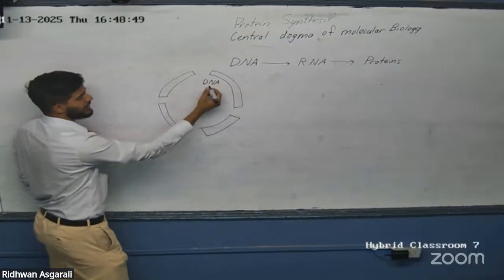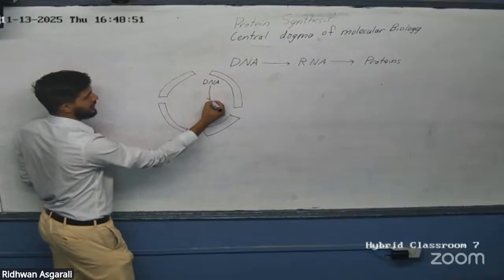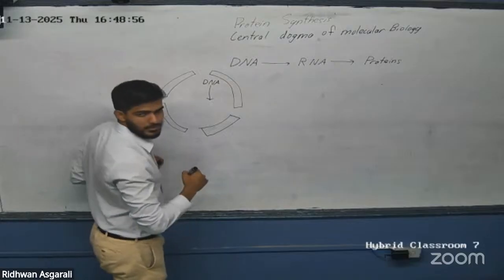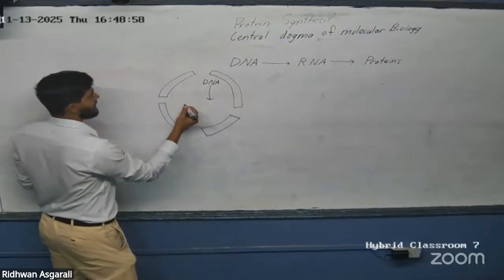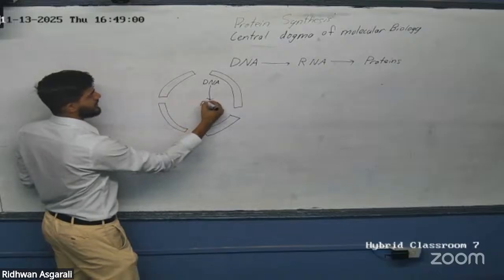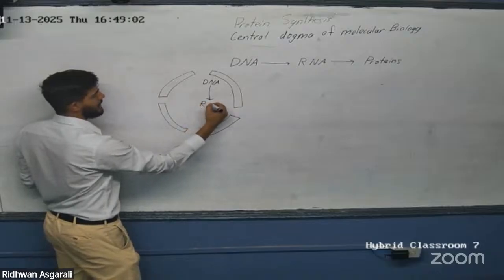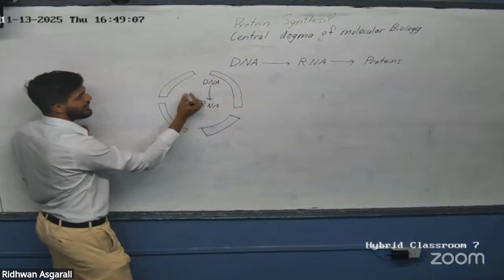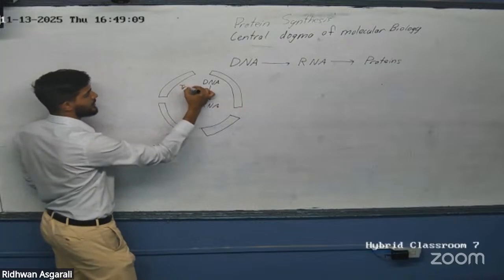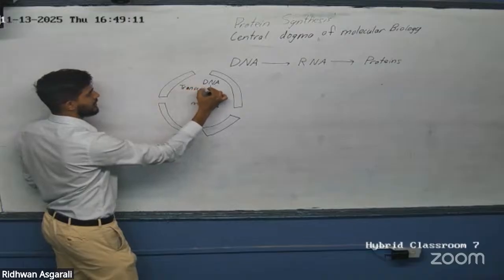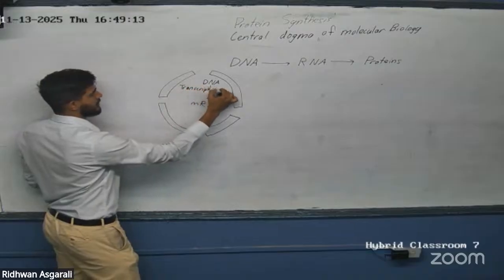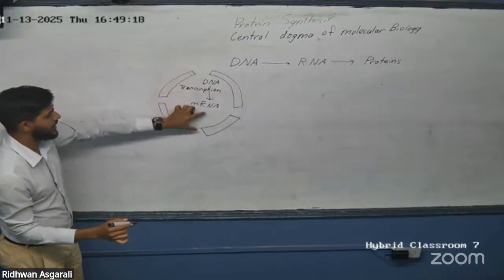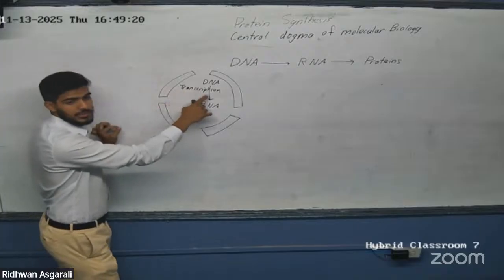DNA is converted into something called mRNA. That M stands for messenger. This process is called transcription. So DNA in the nucleus is converted to messenger RNA by the process of transcription.